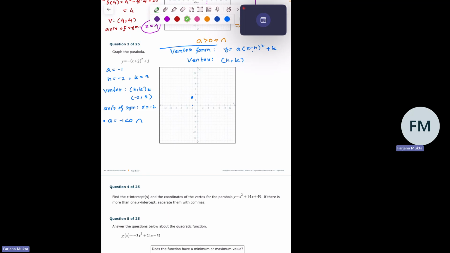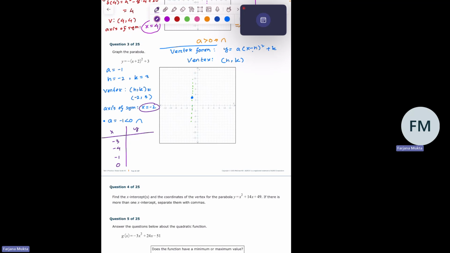And the axis of symmetry is the vertical line x equals -2. So we need 2 points from the left, 2 points from the right. All right, so let's pick 2 points from the left. We can pick -3, -4, and to the right we can pick -1, 0.